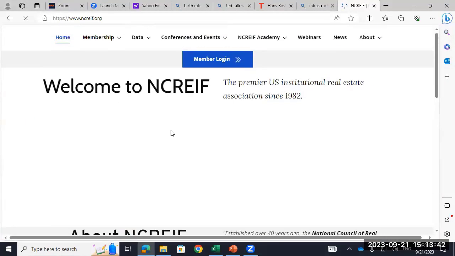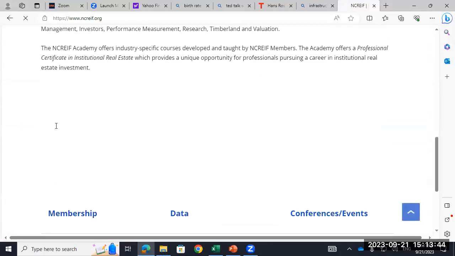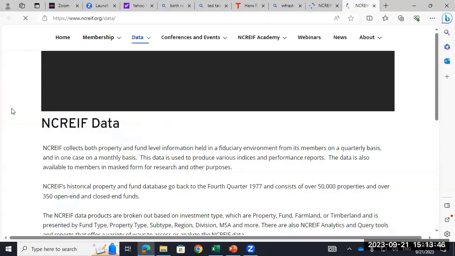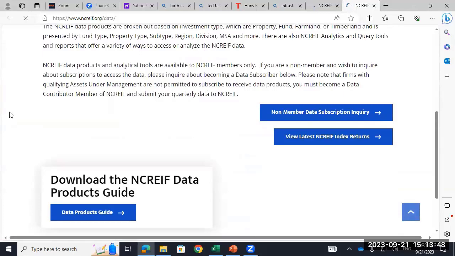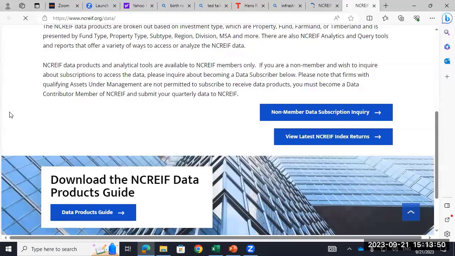So for institutional real estate, NCREIF used to have data you could get for free, and I used to use it all the time. The data they provided was quarterly returns for real estate going back many, many years. We used that data. Now they have a firewall, you can't get in. That probably costs a few thousand dollars just to get in there. Let's see, I'll try it.